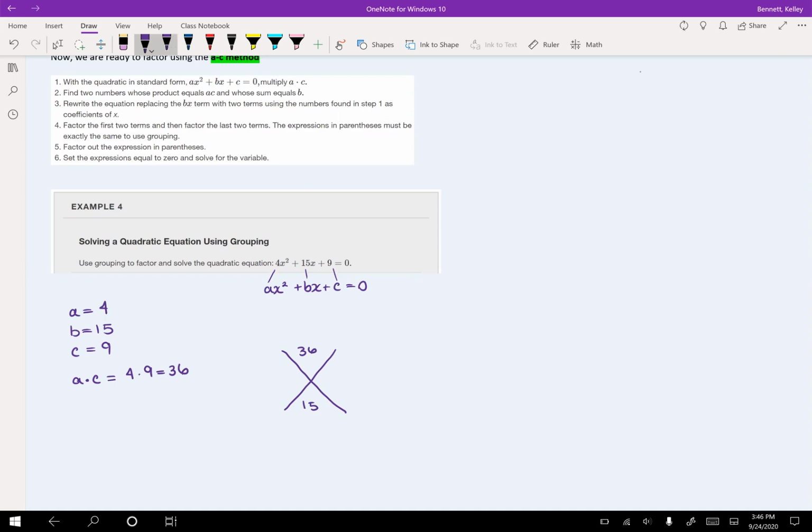So in general, what we have here is ac and b, and we're trying to find two numbers I can fill out here. I want a number here and another number here where they multiply together to get 36 and they sum up to get 15. So let's look at two numbers that multiply to 36.